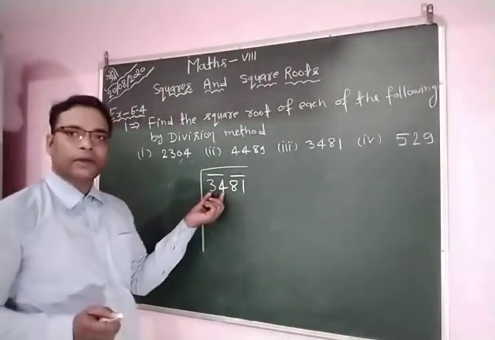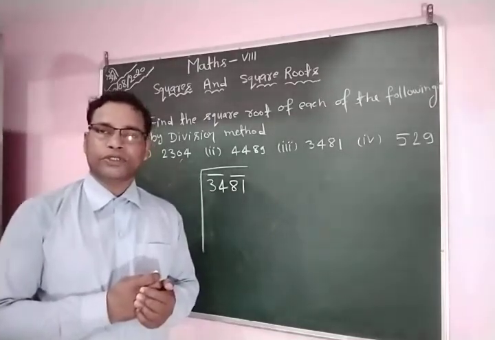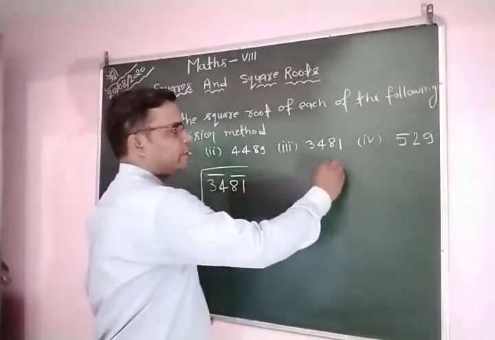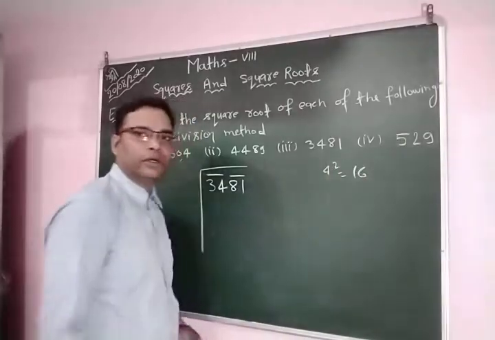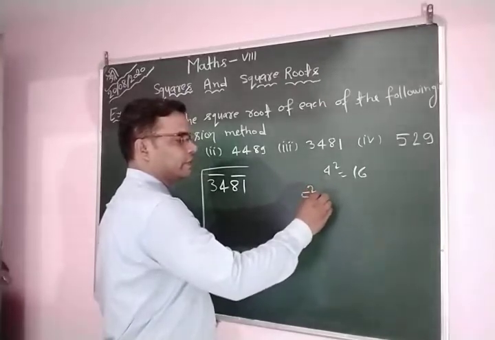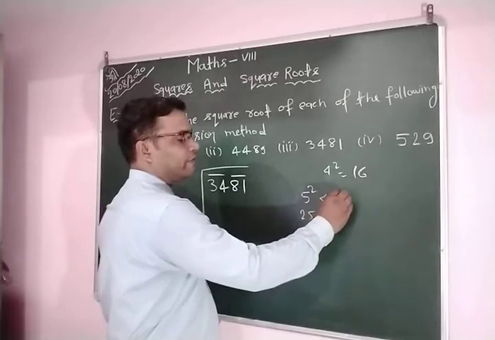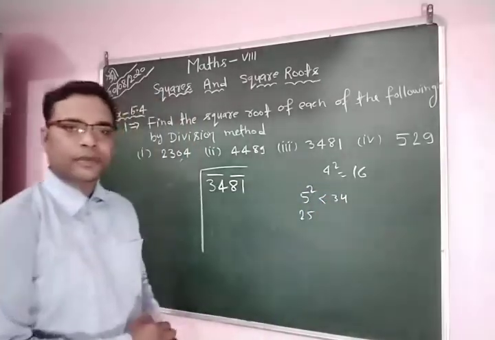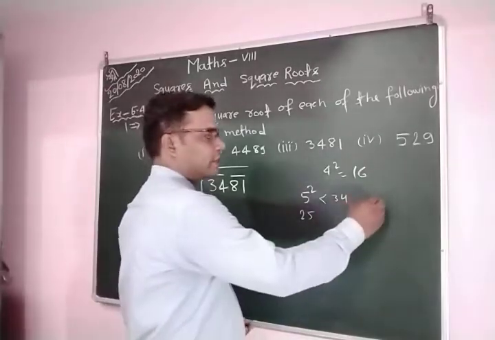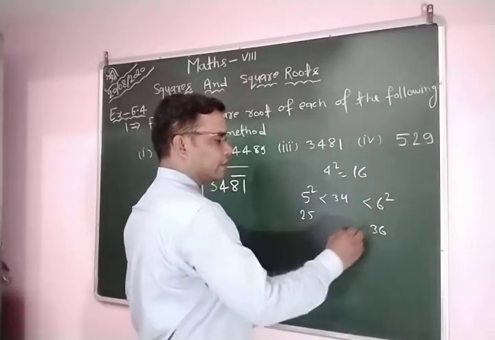This is 34. And for this we select a number whose square is less than or equal to 34. The square of 4 is 16, which is less than 34, and the square of 5 is 25, which is less than 34, and the square of 6 is 36, which is greater than 34.